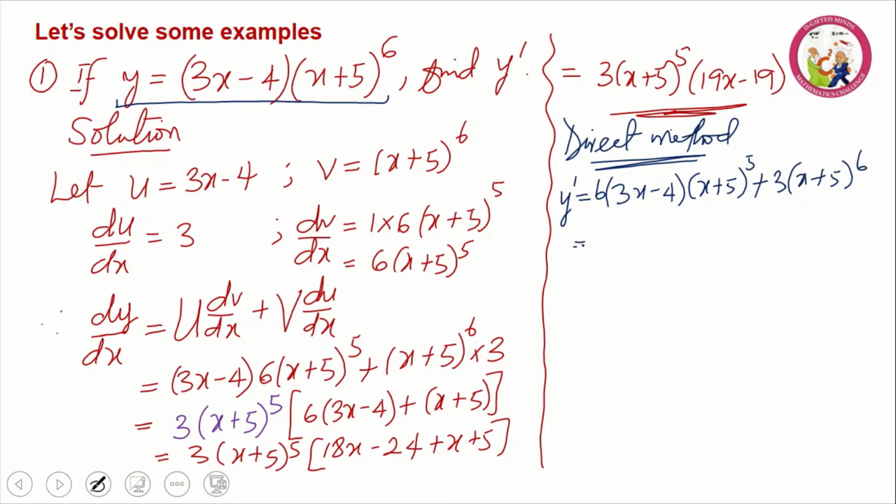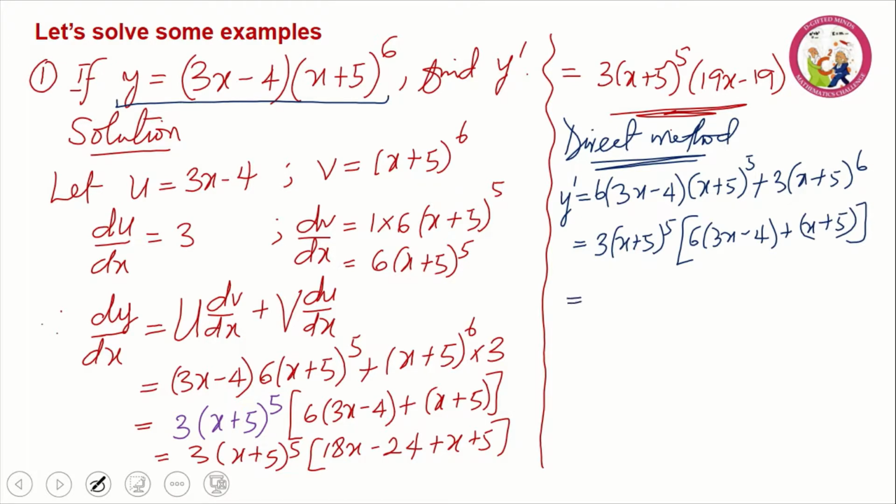And when you factor out the common term, which is 3 times x plus 5 raised to the power 5, you'll be left with 6 times 3x minus 4, plus x plus 5, right?